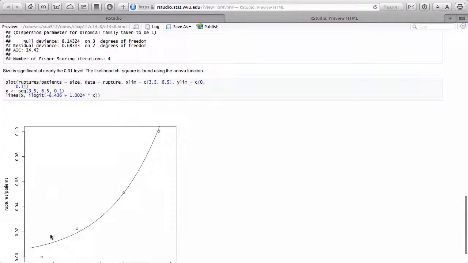But you do see this will plot the points, which are these 4 points. That's the raw data, those 4 points. But I plotted the y as a proportion, ruptures over total number of patients. So I'd like to see how well I fit this model.